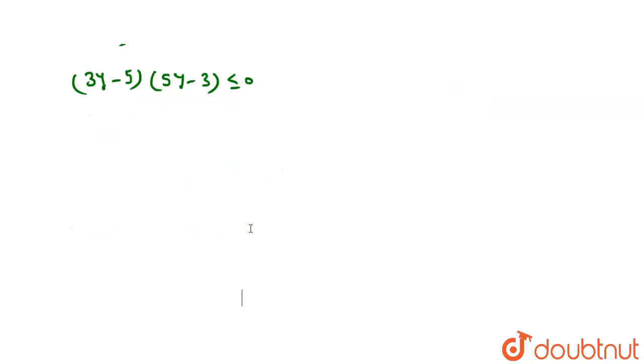Now to solve this inequality we plot a number line. Suppose this is our number line, and if we equate 3y minus 5 equal to 0, we get y is equal to 5 by 3, and if we equate 5y minus 3 equal to 0, we get y is equal to 3 by 5. So we plot these two values on the number line. Suppose this is our 3 by 5 and here this is 5 by 3.